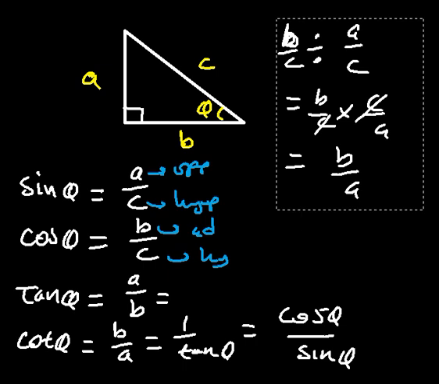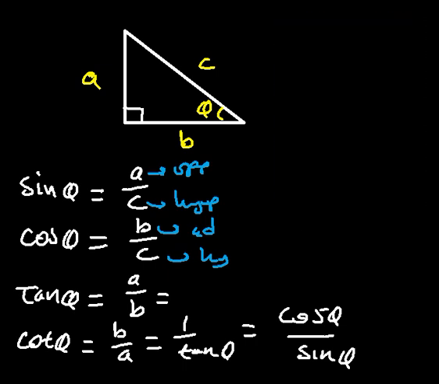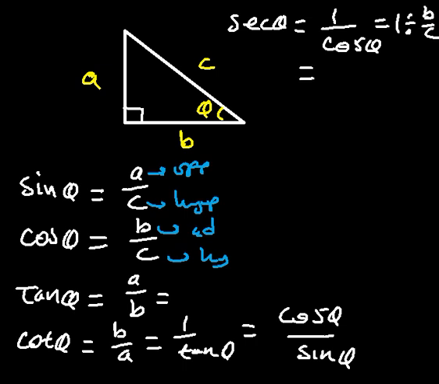And apart from that, I also have what equates as the sec theta. A sec theta corresponds to 1 over cos theta, which is the same as 1 divided by cos theta. That is B over C, and therefore we have C over B. That is the value of the sec theta.